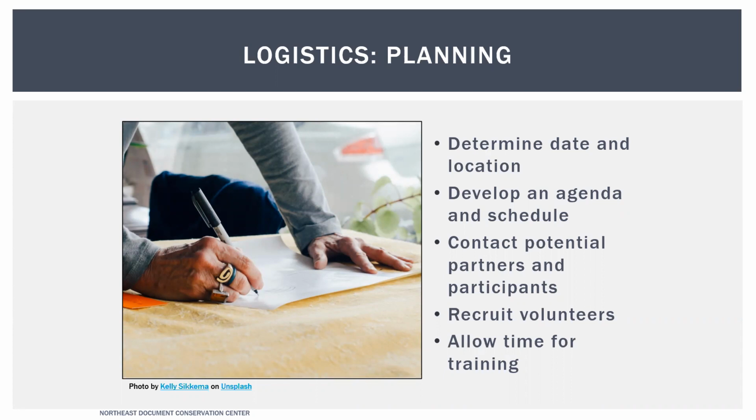It's also going to be helpful to set some deadlines for major planning. So that can be things like reserving the location that you'll be using, contacting and building relationships with your potential partners, getting outreach materials ready, recruiting volunteers to help with the event, and then training those volunteers alongside any staff who are also going to be helping on the day of.